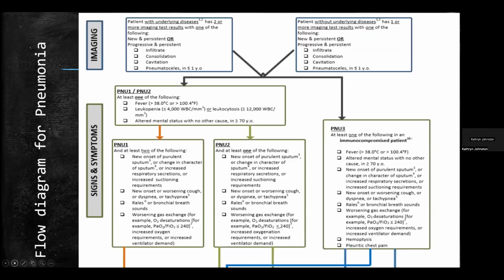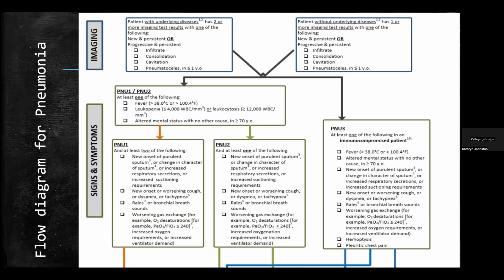So this is the algorithm or the flow diagram for diagnosing pneumonias for healthcare surveillance purposes. And you can see here that the pneumonias are diagnosed using a combination of imaging studies. The good component about this flow diagram is it allows you to check what they have, and it also states what the criteria are for each of these.